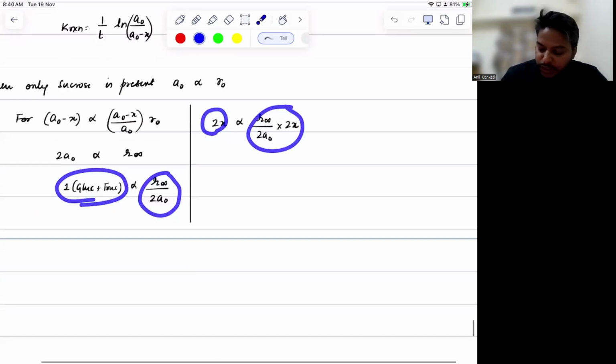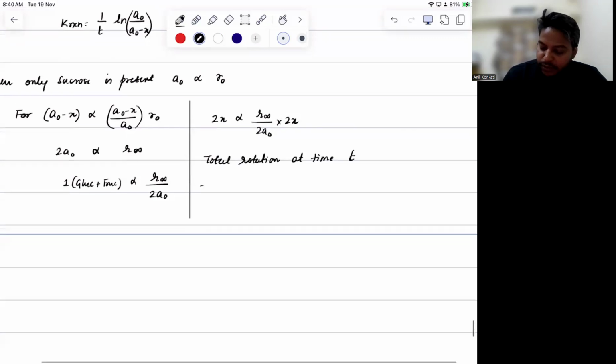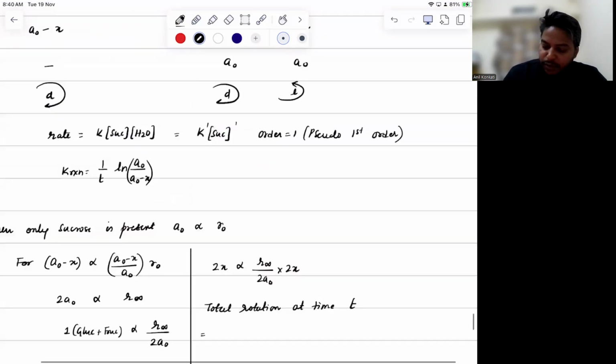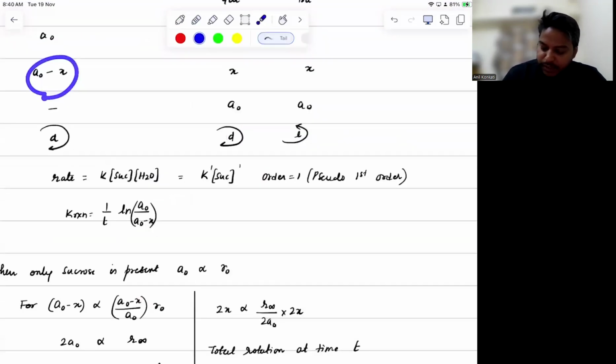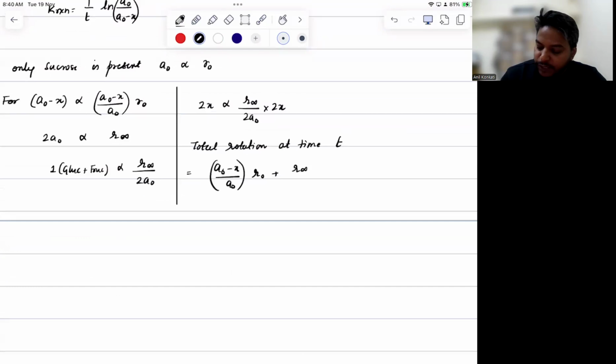So the total rotation at time t will be A naught minus x by A naught into R naught, which is given by sucrose, plus with glucose and fructose we are getting R infinity into x by A naught, and this entire thing should be proportional to Rt. This much is the rotation which you are getting.